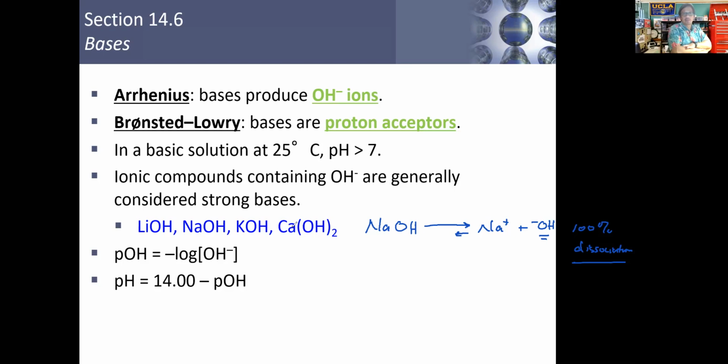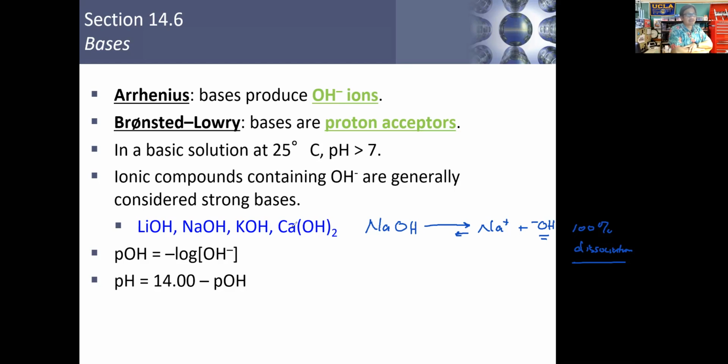In very much the same way that the Bronsted-Lowry definition broadened what we could consider an acid, it broadens what we will consider a base. So bases aren't only compounds that can contribute hydroxide ions, but any compound that can accept a hydrogen ion from some other compound. Those are the two definitions of bases that we will be working with.